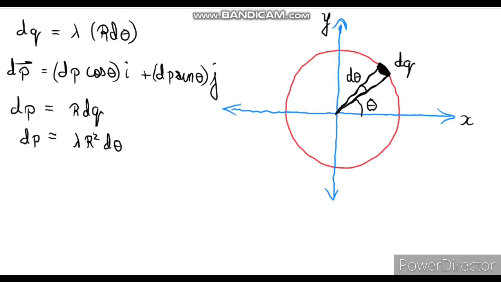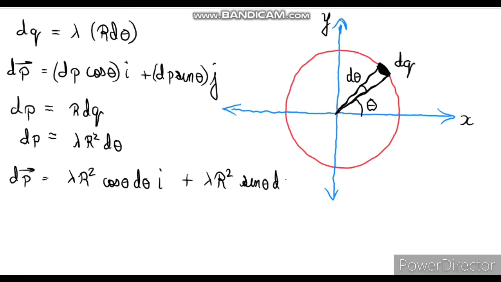Now substituting the value of dp in this expression, we get dp vector equals lambda r square cos theta d theta i cap plus lambda r square sin theta d theta j cap.